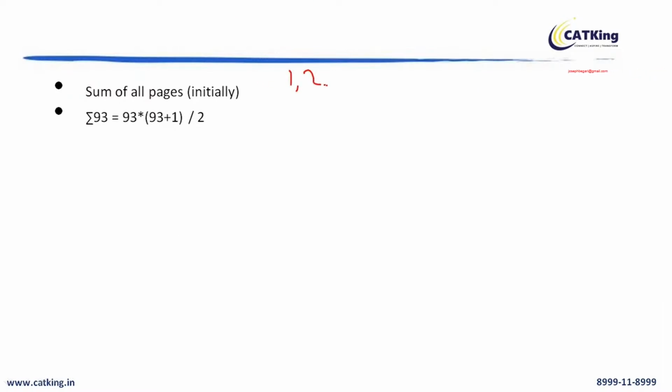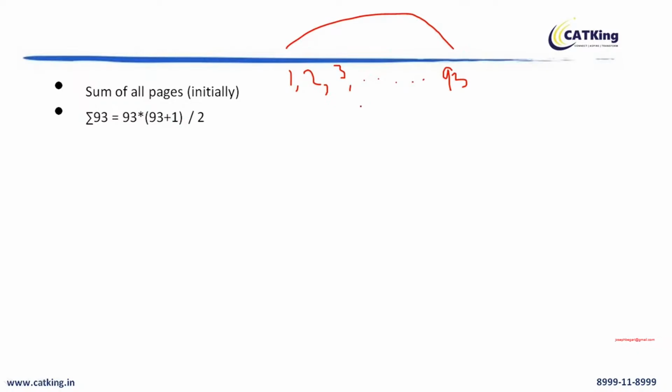Okay. Now we have to find out which pages they tore. Sum of pages initially, sum of 93 pages. This is basically 1, 2, 3 up to 93, and we have to find their sum. So I have written 93 into 93 plus 1 by 2. I'll tell you what this is.